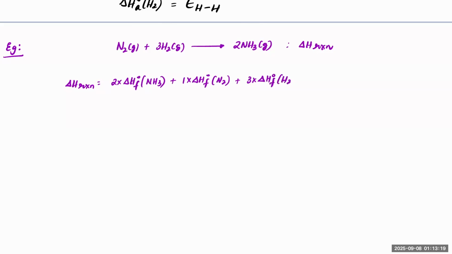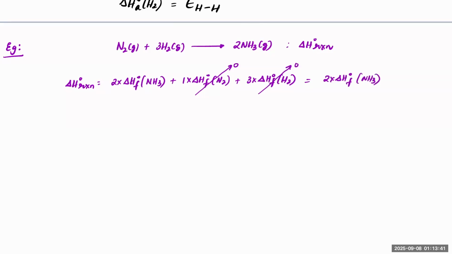Okay, this is delta H naught of the reaction, standard enthalpy of the reaction. Got it? Now, if you notice that this term is 0 and this term is also 0, so it is simply 2 times delta H of formation of ammonia.